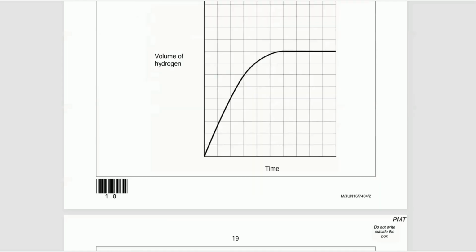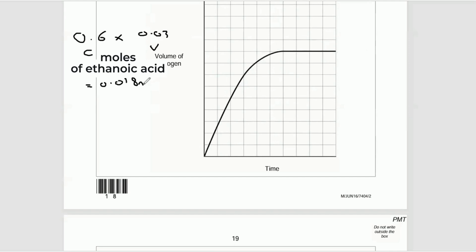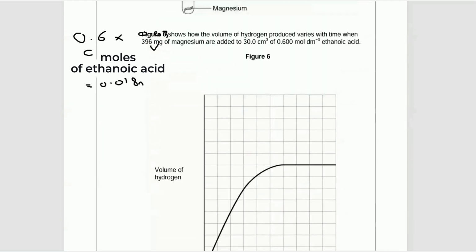So what we want to do is, okay, we've been asked to draw a new line for the new concentration. So the original ethanoic acid was 0.6 as the conc times the volume of 0.03, and that gave us 0.018 moles. And that told us roughly the moles. What was the ratio of ethanoic acid to hydrogen?